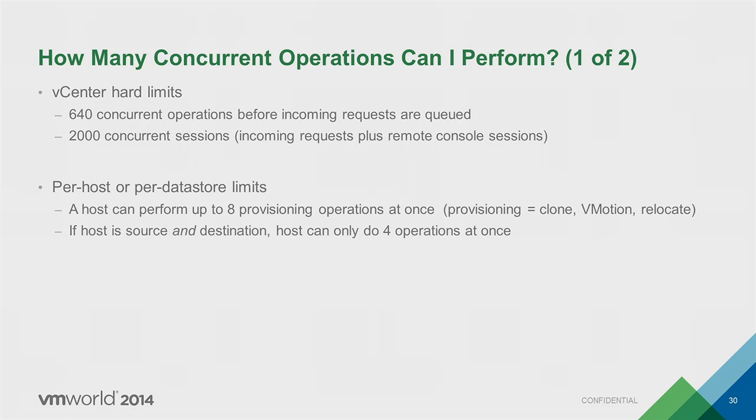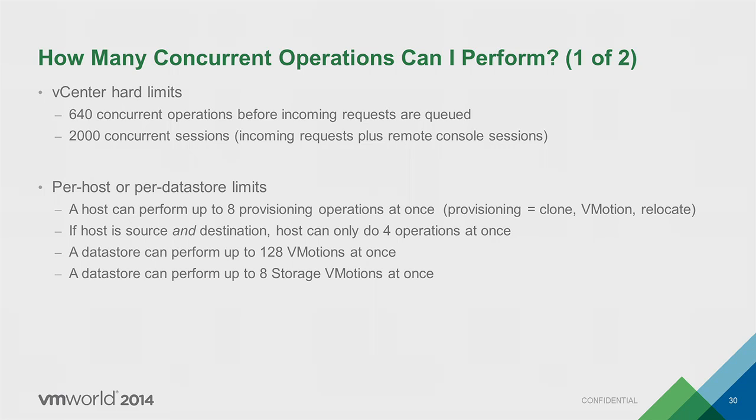After that, it'll queue. A data store can perform up to 128 vMotions and up to 8 storage vMotions at a time. So you can see that your back-end infrastructure, where your hosts are running, those storage subsystems, their capabilities are going to indirectly influence how fast you can do things within vCenter, because vCenter ultimately has to go to the host and do those things.